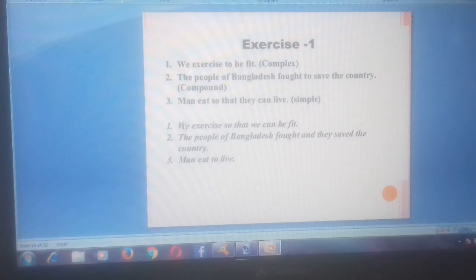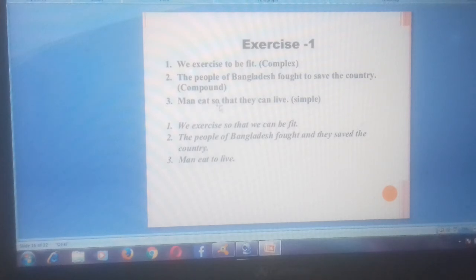Here the solution is given. The complex form of this sentence will be, "We exercise so that we can be fit." And now we'll practice a vice versa, a total opposite of it.